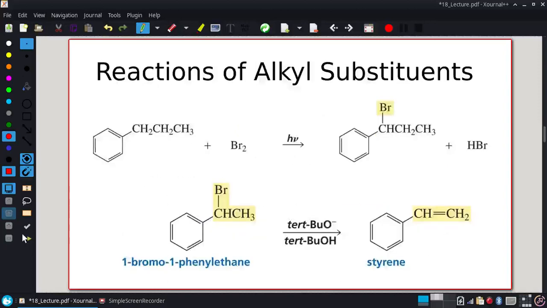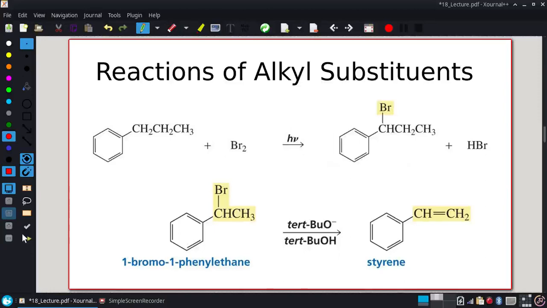Alright, as a reminder, when we actually do some of our basic reactions, benzene causes those reactions to be slightly different. For instance, the benzylic position is the most reactive center on an organic molecule if it exists.